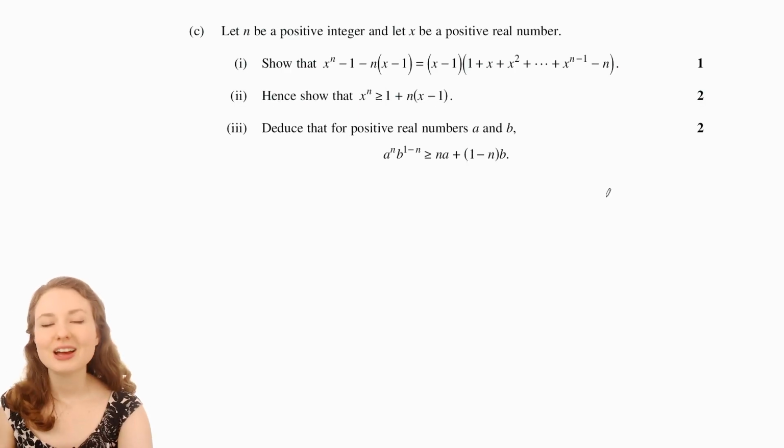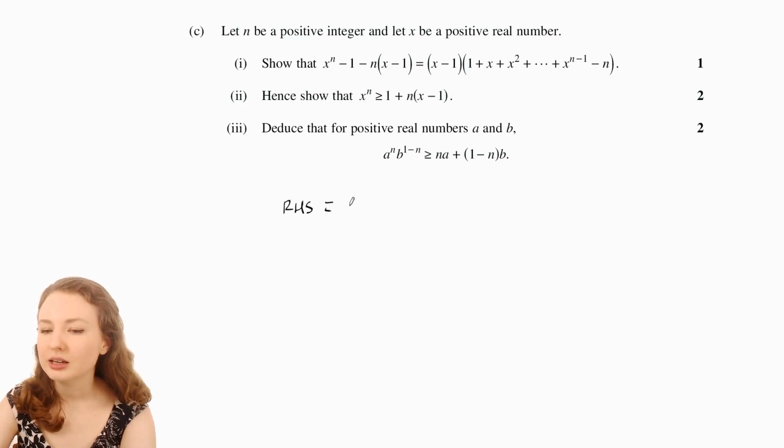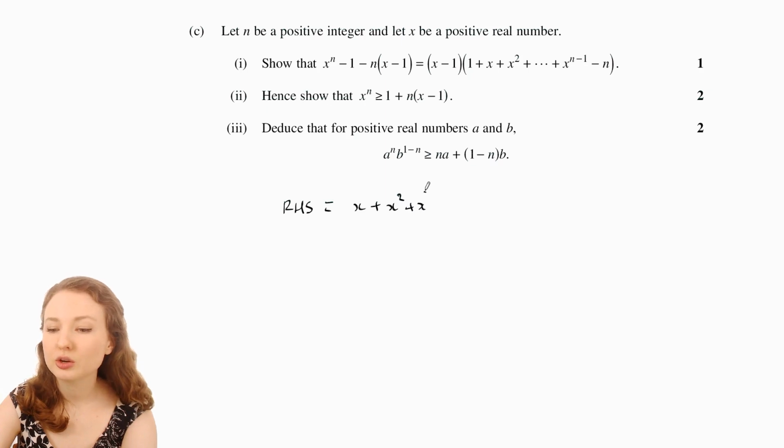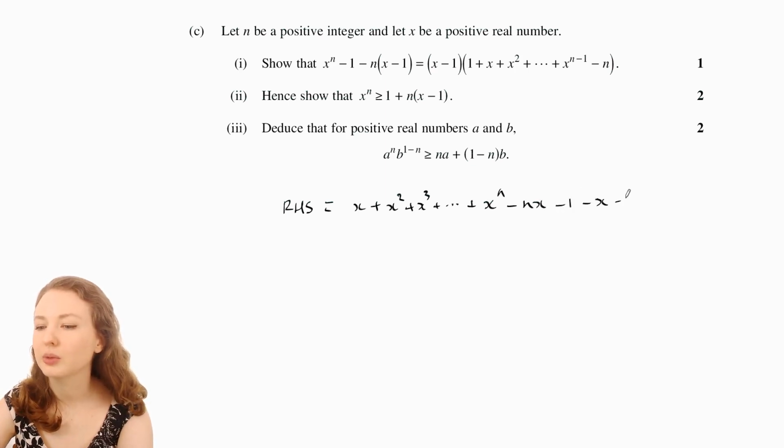Part C. So I actually did this one a different way from what the solutions say. I just did it by expanding the right-hand side. So you've got x plus x squared plus x cubed plus ... plus x to the n, minus nx, and then you've got -1 minus x squared, and so on, up to x to the n minus 1 plus n.